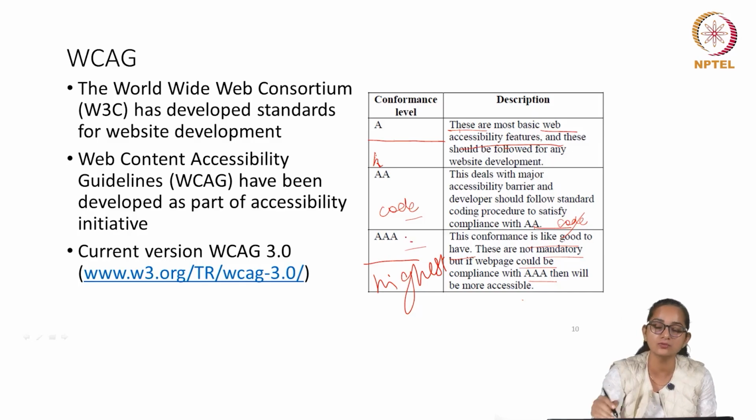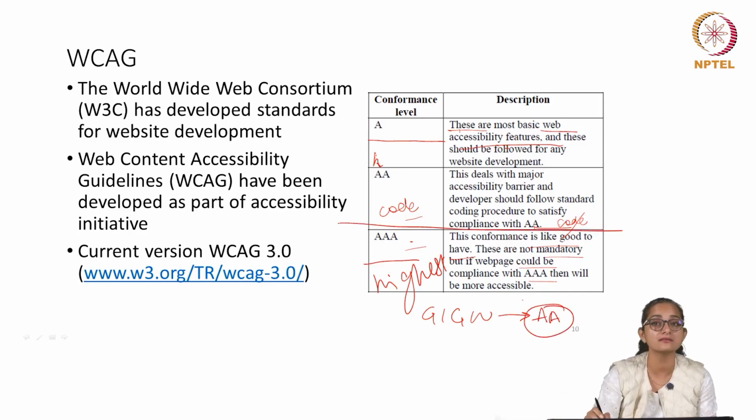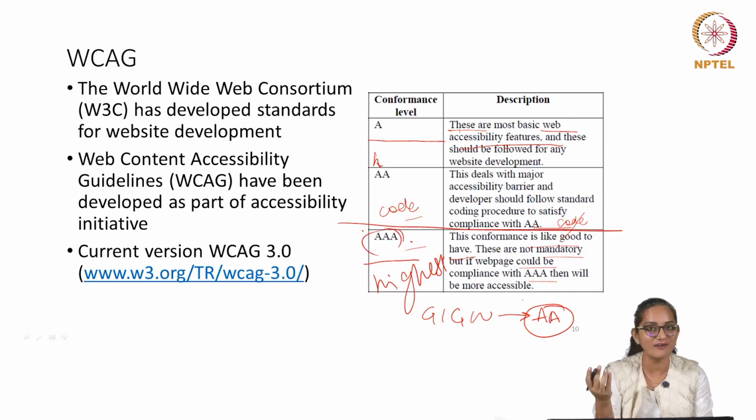And based on this, we discussed that GIGW only mandates AA compliance. If you have AAA, it's great, good to have. It will ensure a good level of engagement, better user experience, better accessibility, but AA is legally mandated. It has to be there.